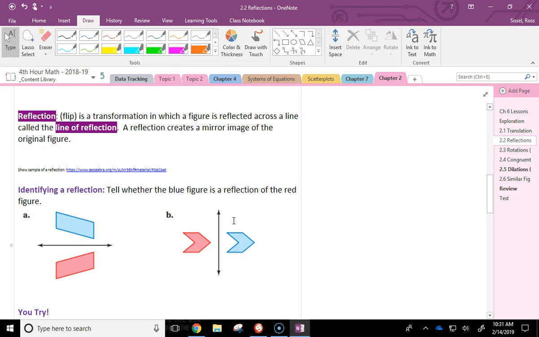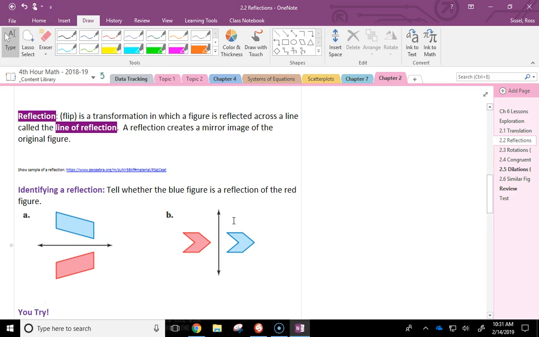It says you need to fill this out in there. You're going to fill this out.